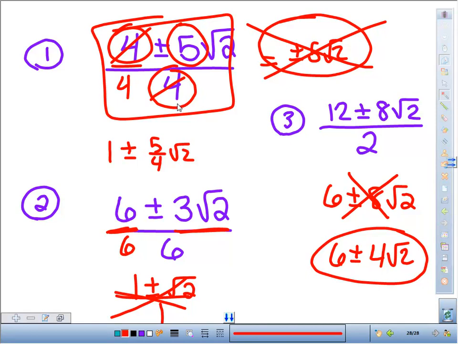Even this one, if you broke it up, you could say 1 plus or minus 1/2 square root of 2, and that's correct. However, if all 3 do not reduce, then you don't break them up, because it makes it more complicated than if it was all together.